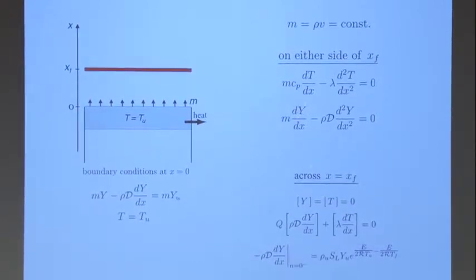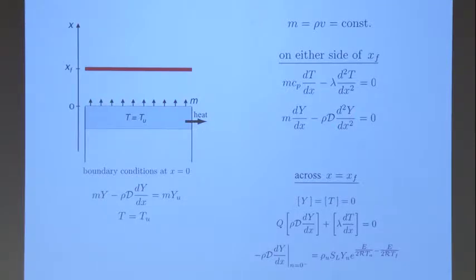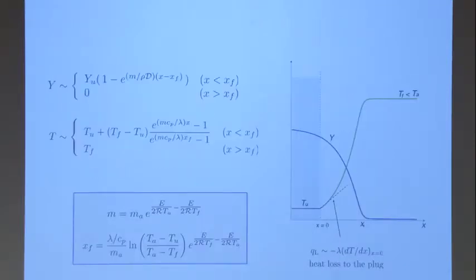Now these equations are easy to solve, again, second order with constant coefficients, and so they satisfy exponential type solutions, which are written here. In particular, when x equals xf, which is the location of the reaction sheet, then e to the 0 is 1, 1 minus 1 is 0, so that's satisfied.